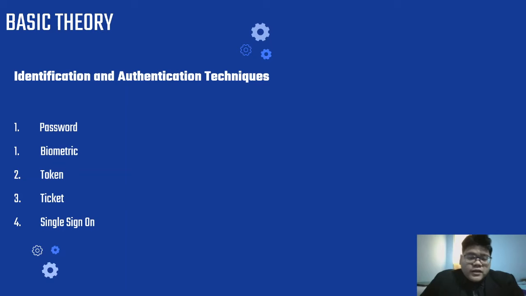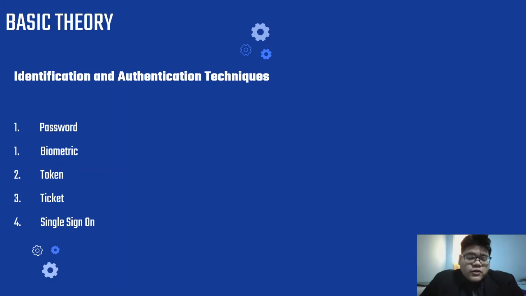Number 3 is token. A token or smart token is a device capable of generating passwords and must be carried by the user because the token uses the type of something you have. Number 4 is ticket. Ticket authentication is a mechanism that other users employ to prove the authentication it provides. And number 5 is single sign-on.